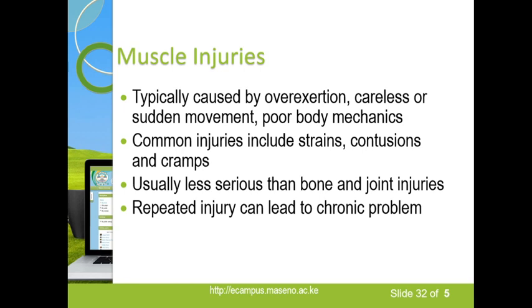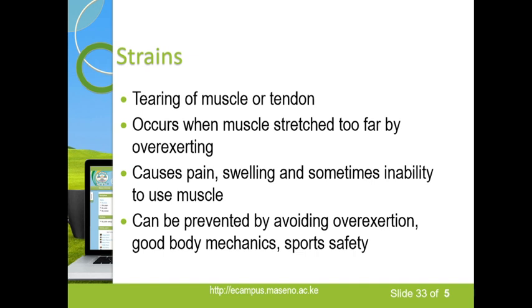Now, when we talk about strains, it involves the tearing, which I have just mentioned, tearing of muscles and tendons when they are overstretched, and as I've mentioned, causes pain, swelling, and inability to use the muscles.